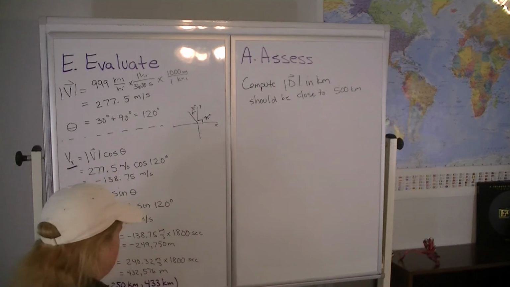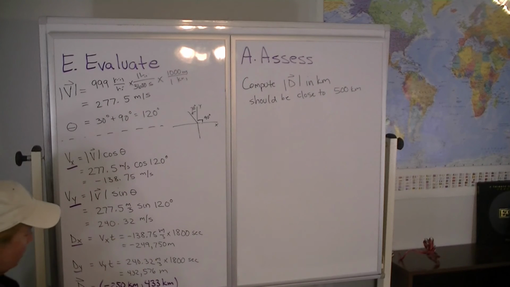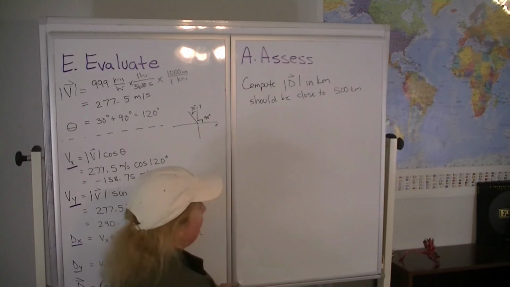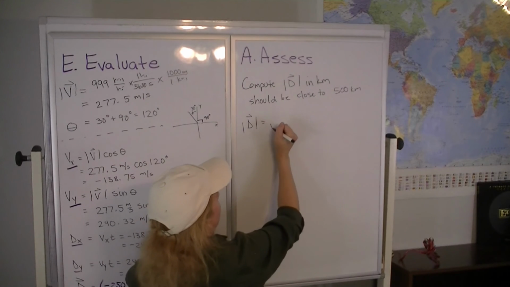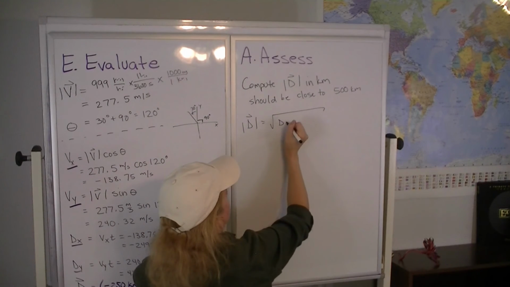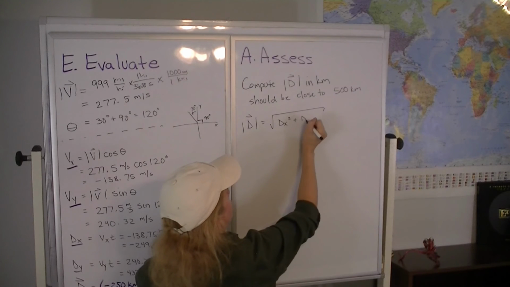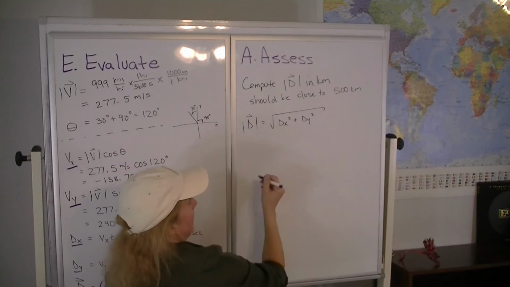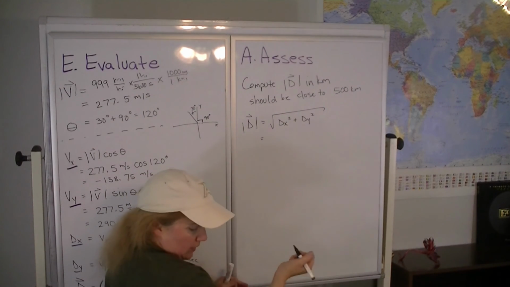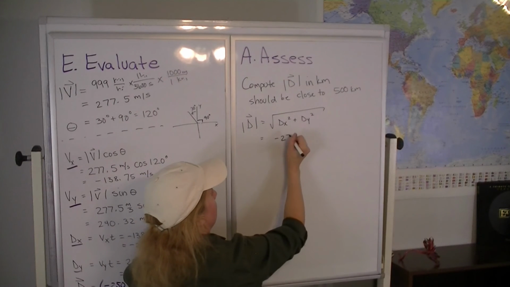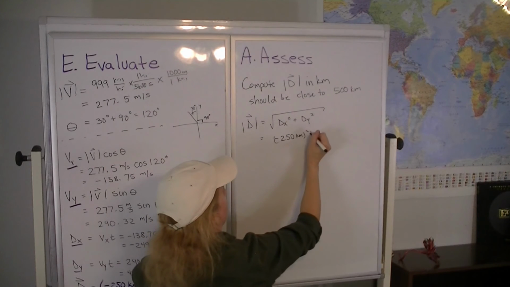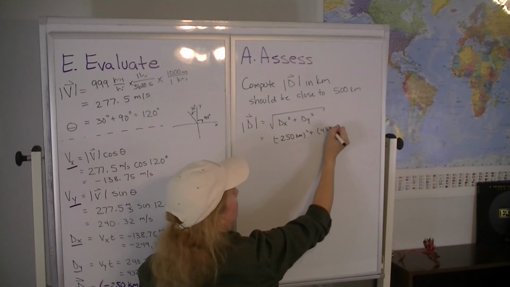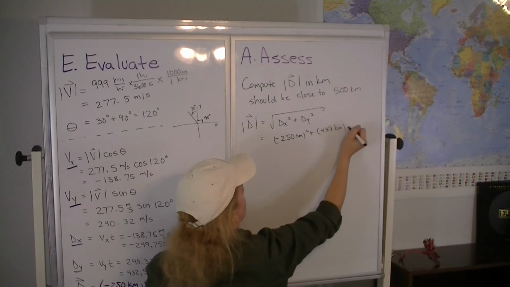So we have component form, which we're now going to convert back into the magnitude of the displacement vector using the Pythagorean theorem. And so that's going to be the x component squared plus the y component squared, and we take the square root, which is going to be negative 250 kilometers squared plus 433 kilometers squared.